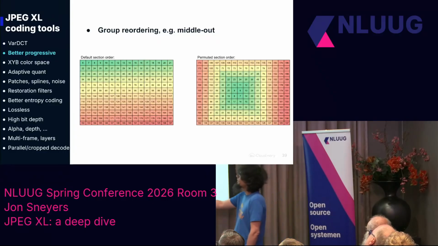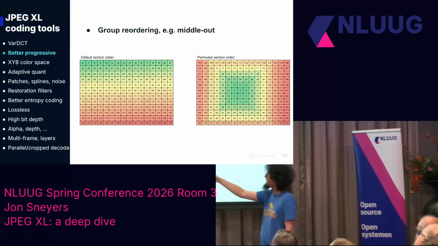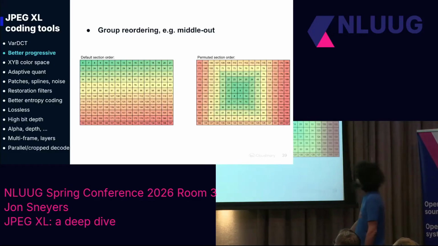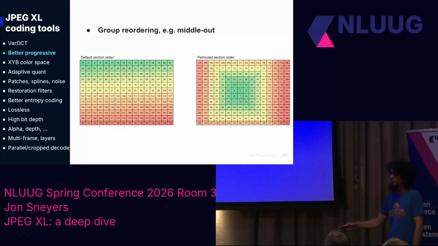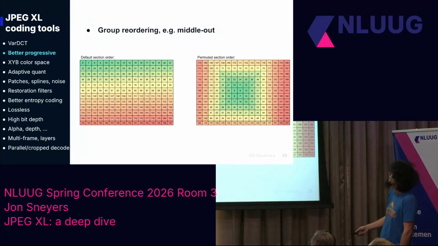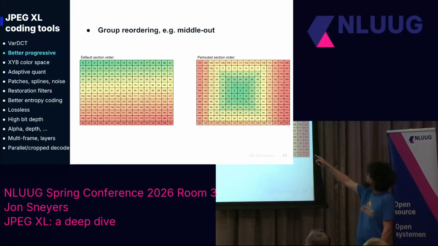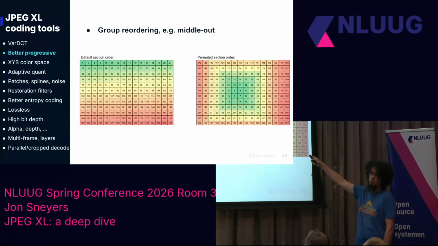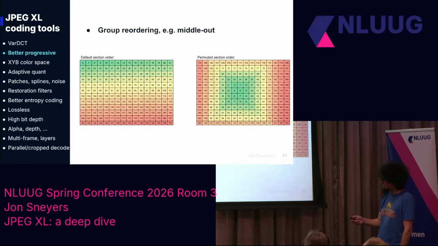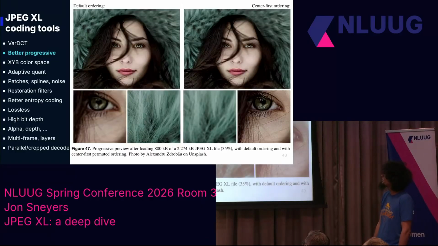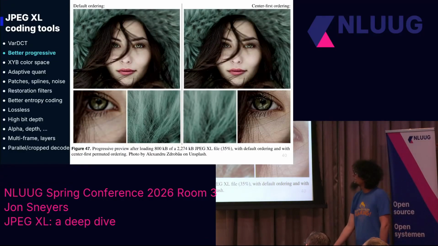So you can do the default thing of scan lines, like on the left, but you can also, for instance, permute it, so that the middle of the image, or whatever region you want, comes first and the edges come later. And in terms of progressive previews, it could look like this.